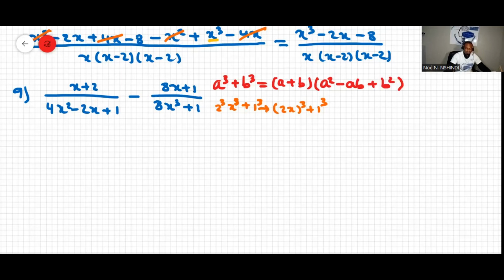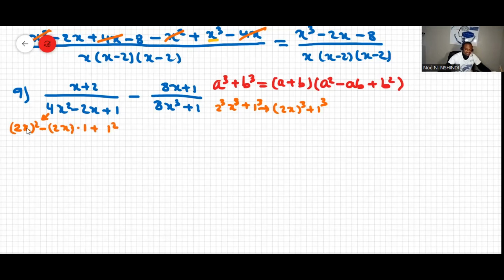Now, if I reduce this to that, I can see it's basically the same thing that is here. This is the other part, the a squared minus ab plus b squared. Check this out. This part here is like 2x squared, minus 2x times 1, plus 1 squared.